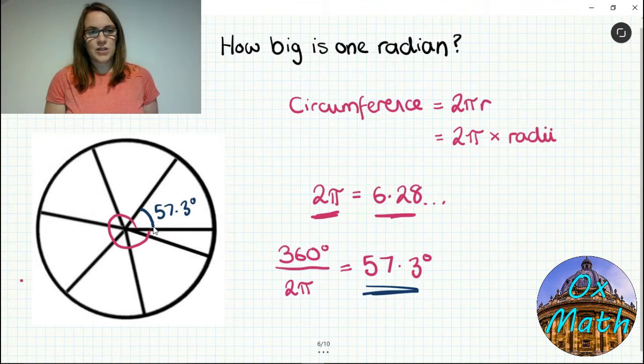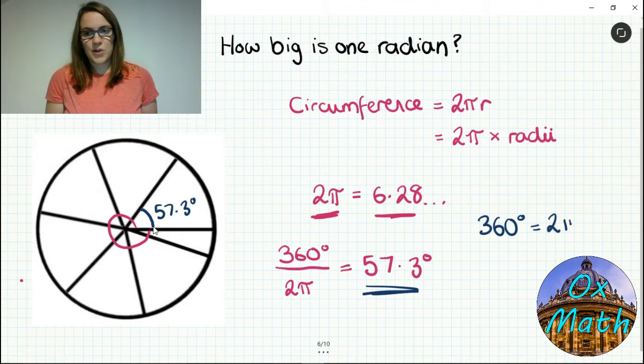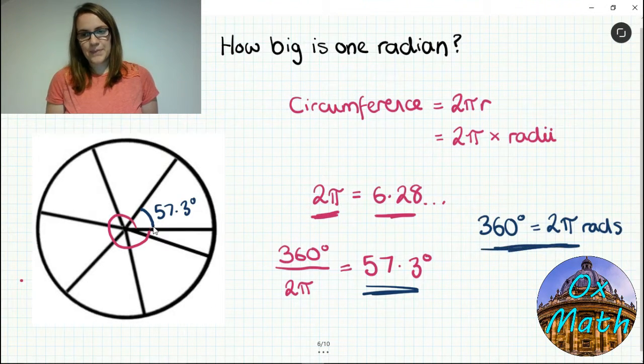And the other relationship we've established is that 360 degrees is equivalent to 2 pi radians. If you can remember that there are 2 pi radians in a full circle, then you can work out how big 1 radian is, or how to convert any number of radians into degrees and vice versa.